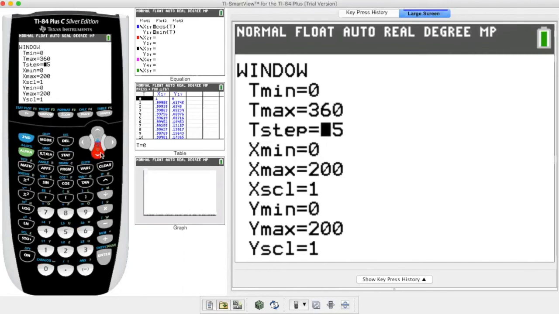T-step, that's half a degree right now. 1 degree seems kind of small. That would be okay. How about when we hit trace, it'll move in 15-degree increments, which is pretty good. And again, since it's the unit circle, the x goes from -1 to +1, and same thing for the y, -1 to +1. That should look pretty good. Let's hit graph.